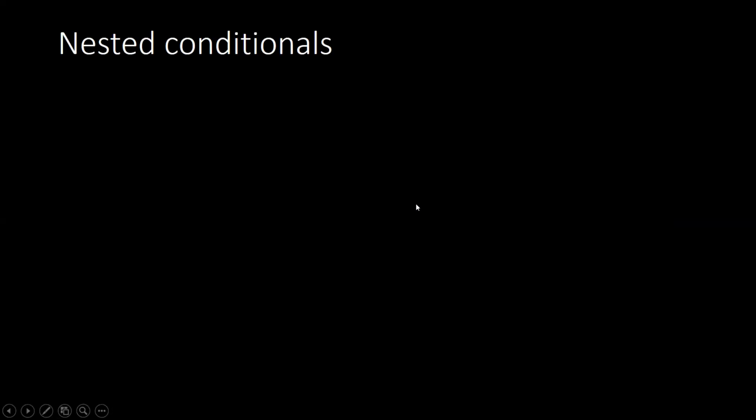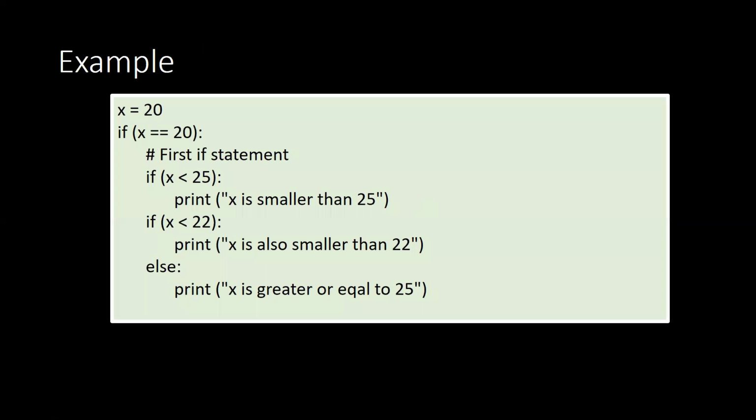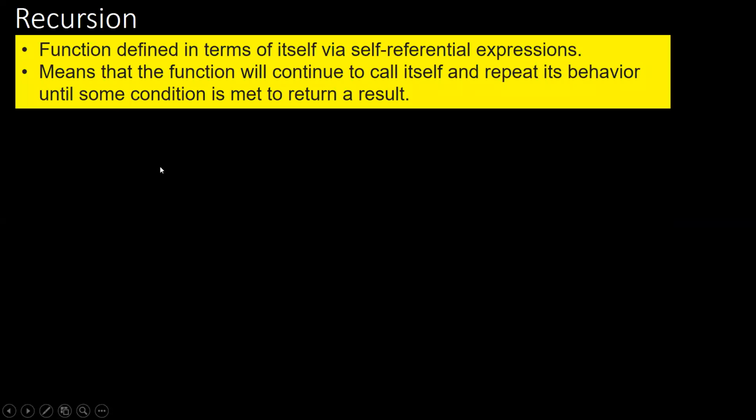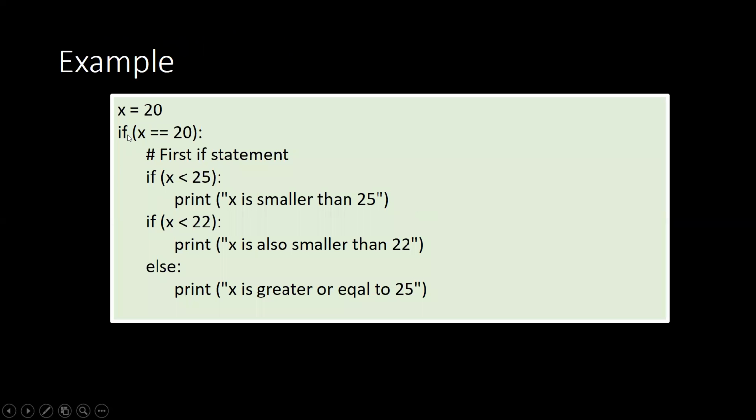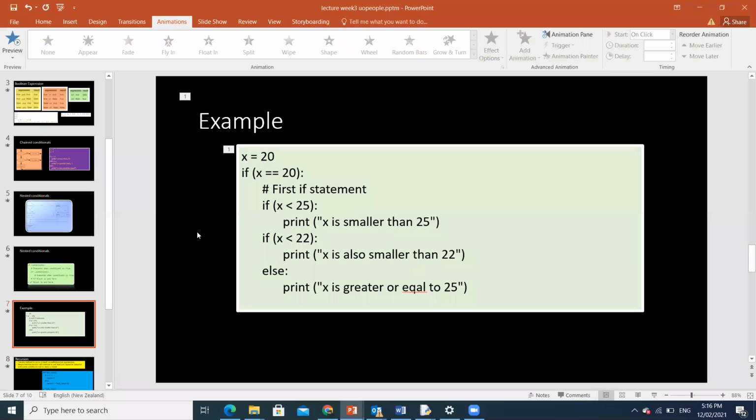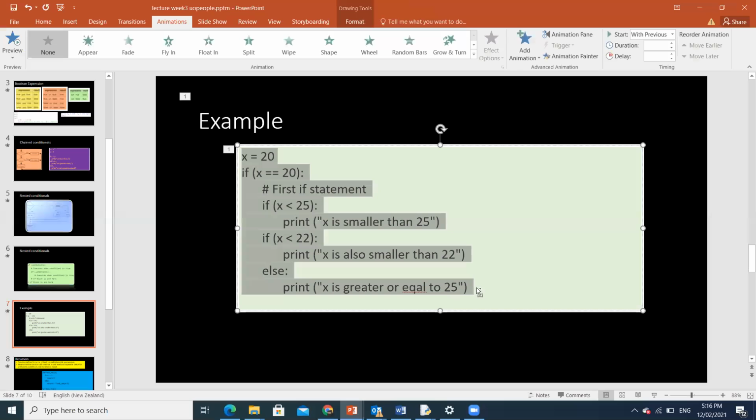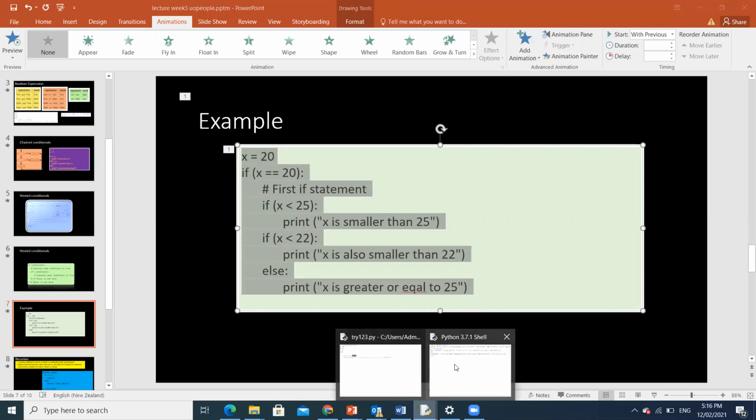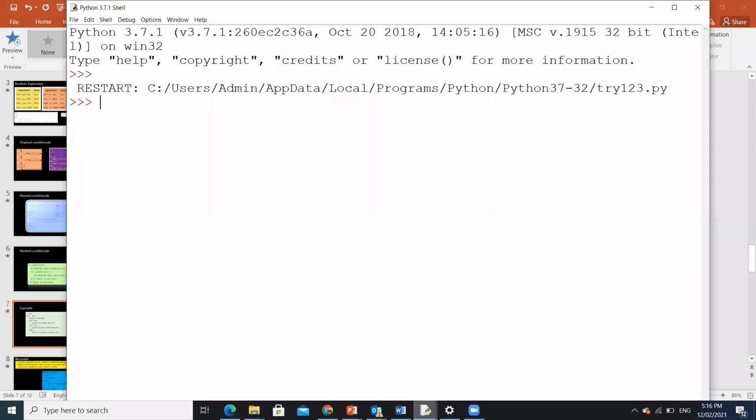Now I go back to this example. See here, if I change this value, then control will not go there. Okay, I just copy this code and go to my area where I can code it.